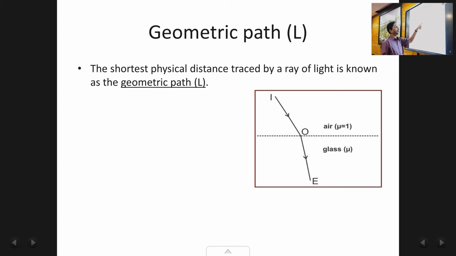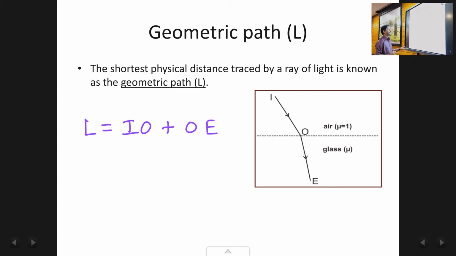Now, what is the geometric path of this ray IOE? By definition, it is the actual physical distance traveled by the ray of light. So for this example, the geometric path L will be equal to just IO plus OE. Very simple, just the actual physical distances traveled by the ray of light.